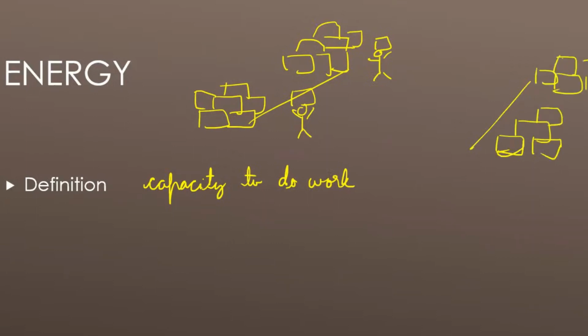Say, for example, A gets tired after putting 20 boxes and B does 40 boxes. So we say that the energy of A is less than the energy of B. The capacity to do work is what is defined as energy.